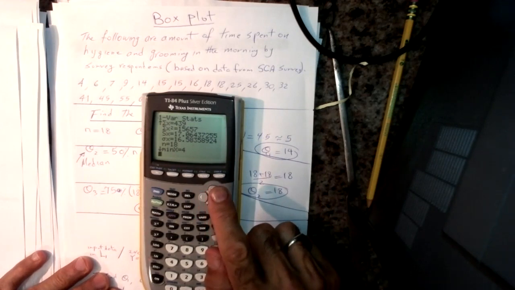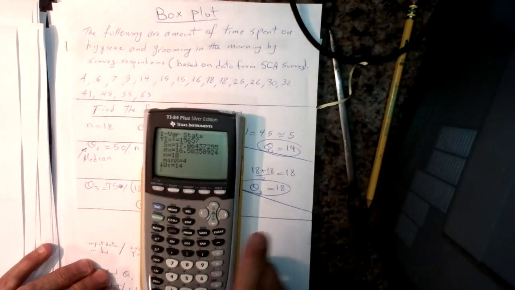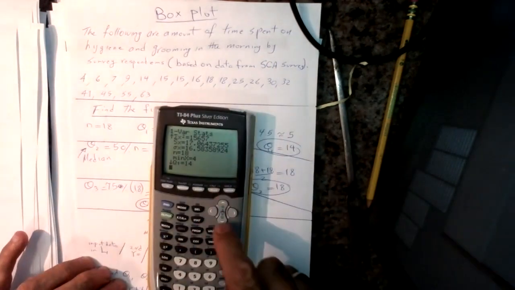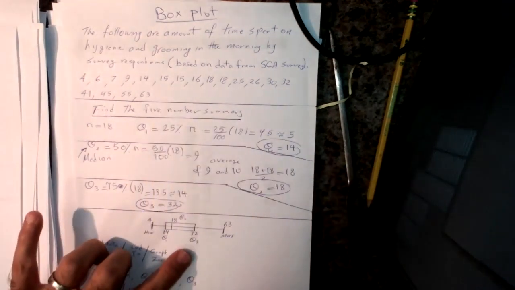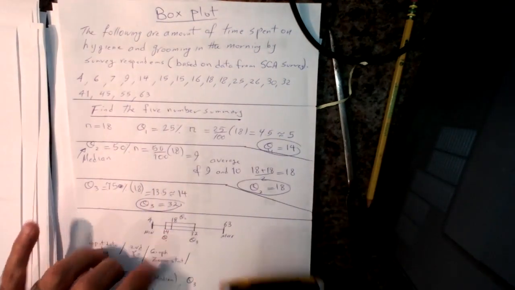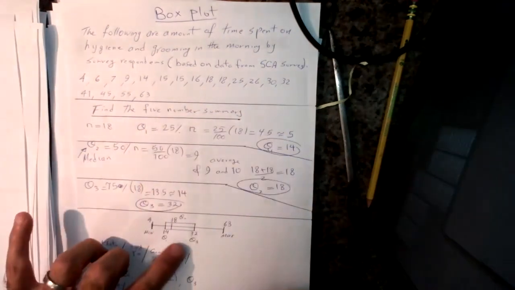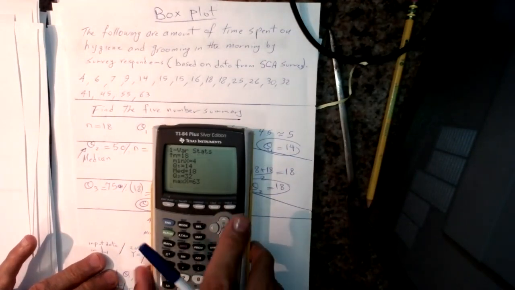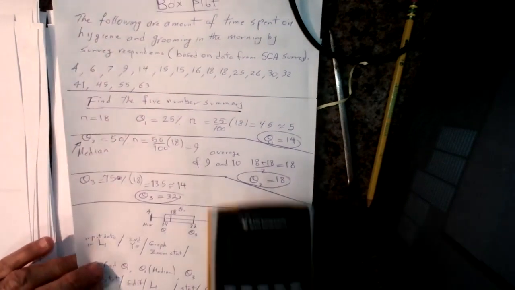The minimum is 4. Q1 is 14. Q2, or median, is 18. Q3 is 32. Maximum is 63. See, it gives you all 5 numbers. That's how to find it.